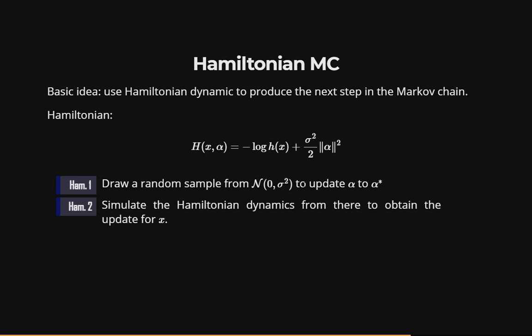So we follow the Hamiltonian vector field for a while, usually for a number of small steps, and we obtain an update for x. So we obtain x prime, alpha prime, which are the new points of our system.